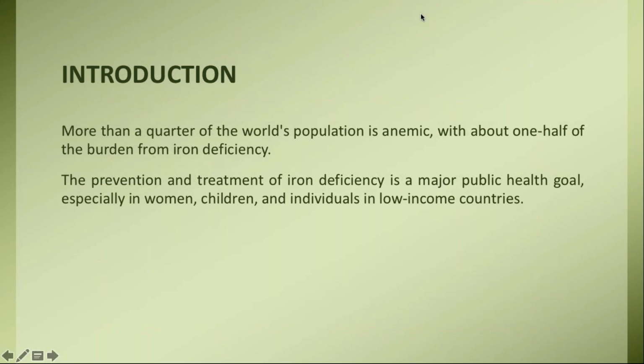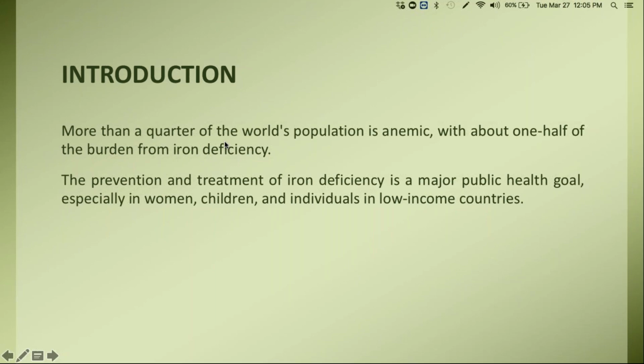Okay, so we've got the introduction here that more than 25% of this earth is anemic, right? And about half of the burden of that anemia is from iron deficiency. Okay, let's put that in perspective. A quarter of the earth is anemic.